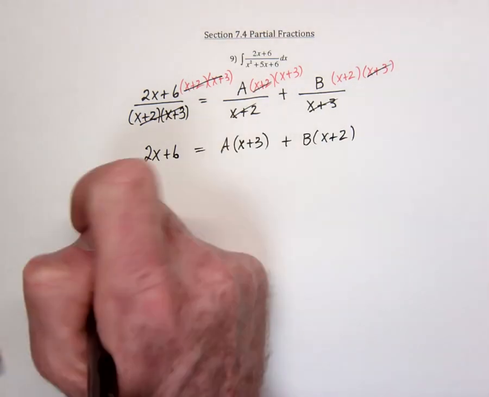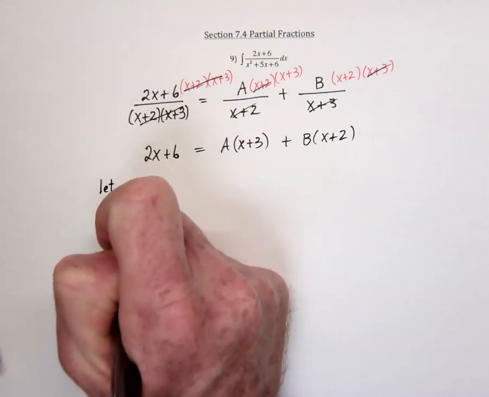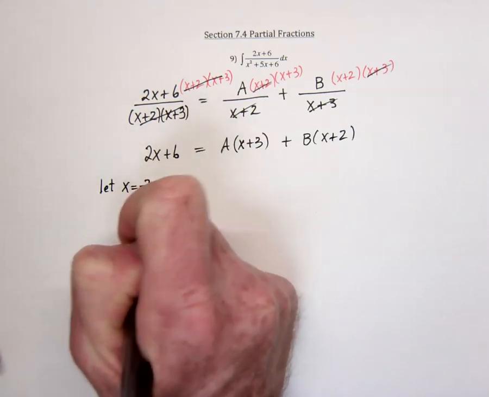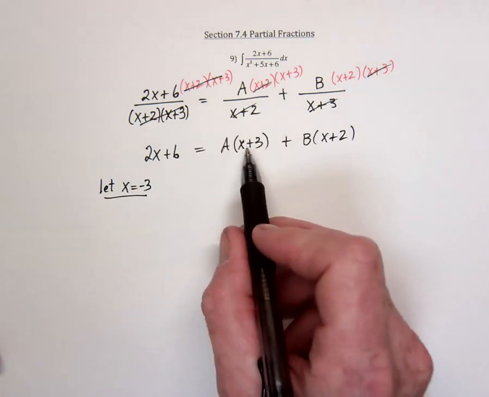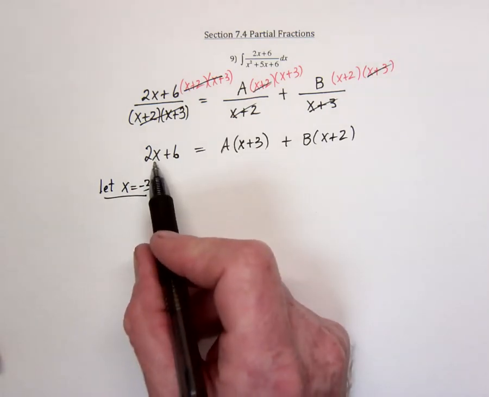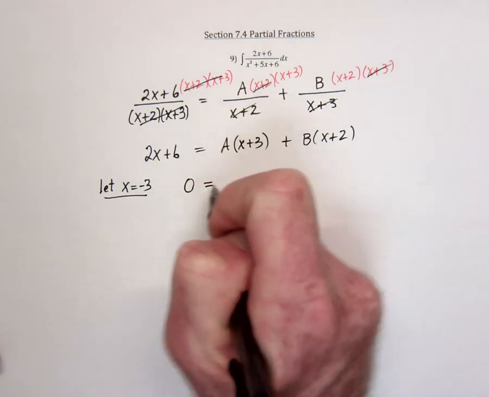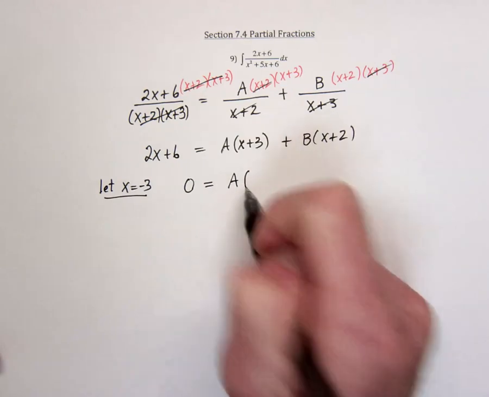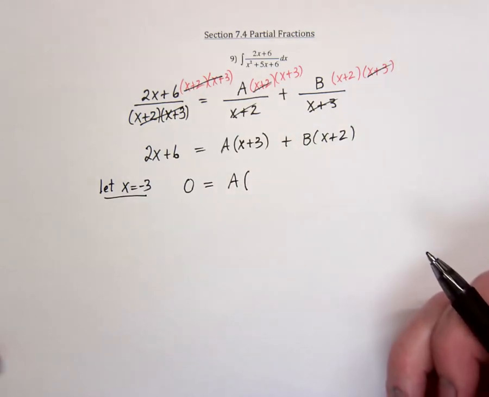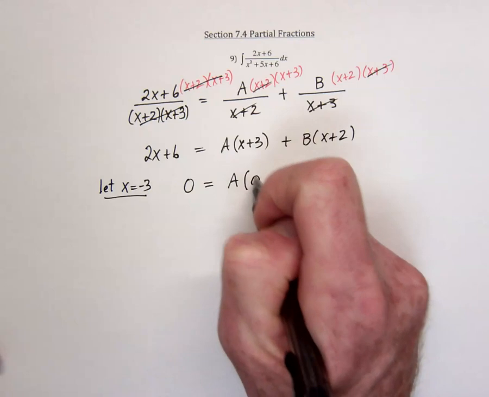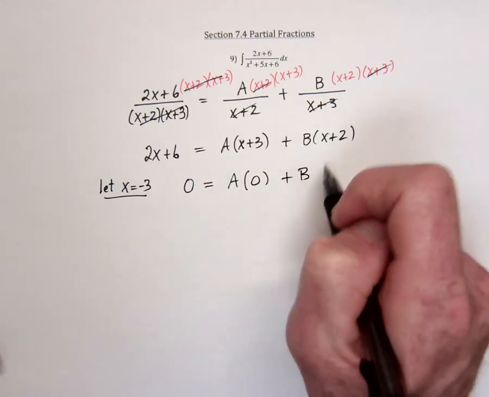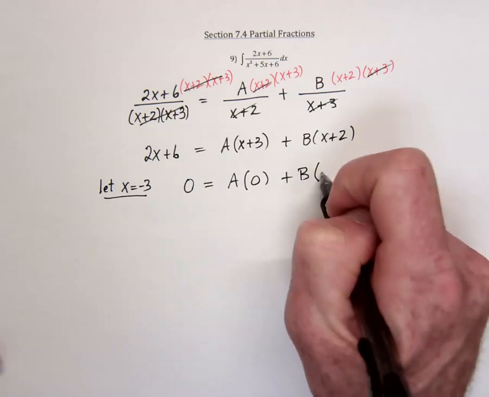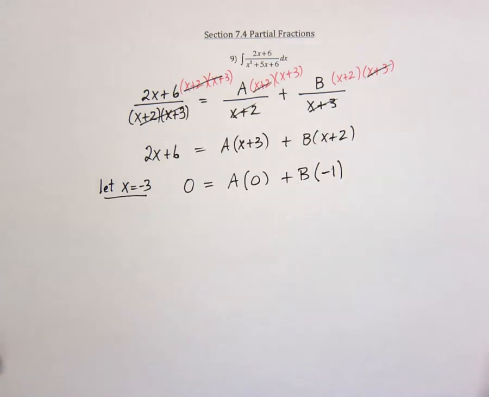Now you can pick numbers for x, like let x equal negative 3. I'm choosing negative 3 so that it'll actually cancel this term. If you use negative 3, this is going to be negative 6, and positive 6 is 0. It's going to be a times 0, plus b times, if I use negative 3 and a positive 2, that's negative 1.